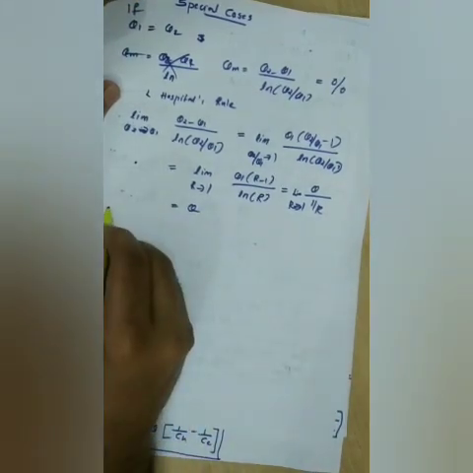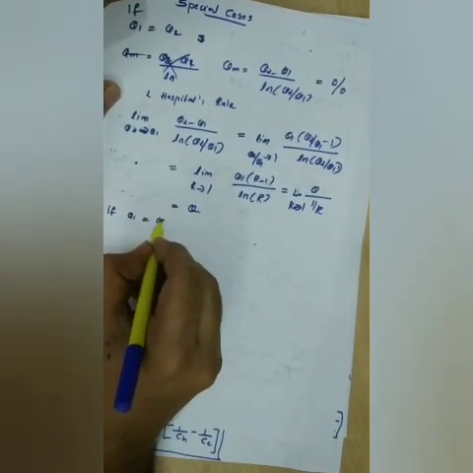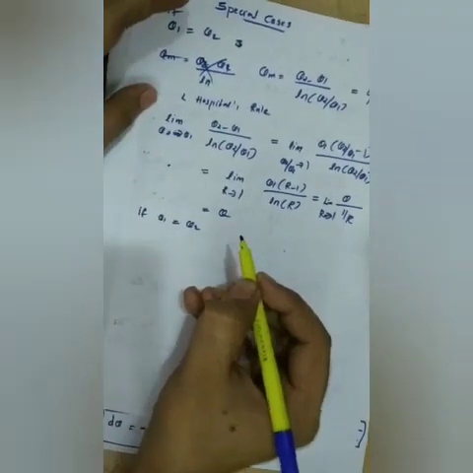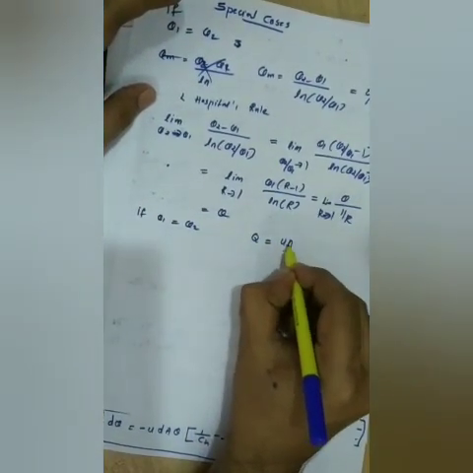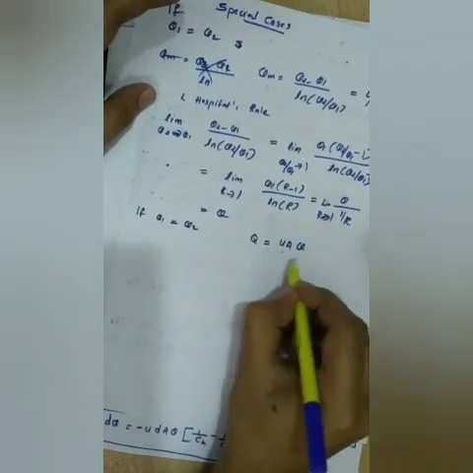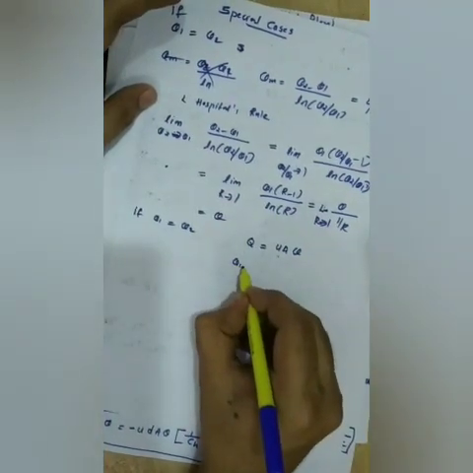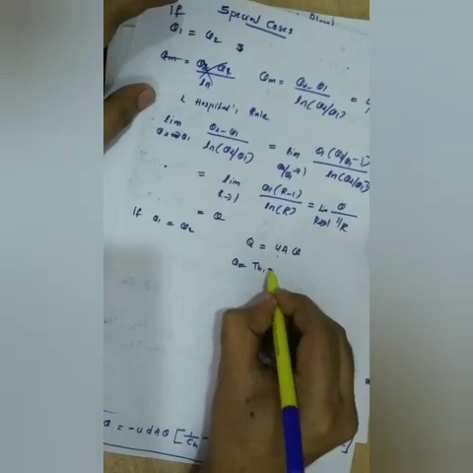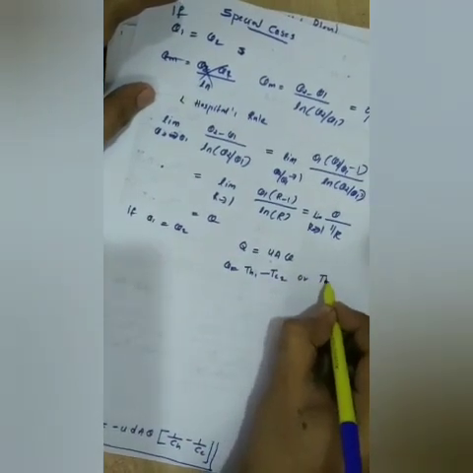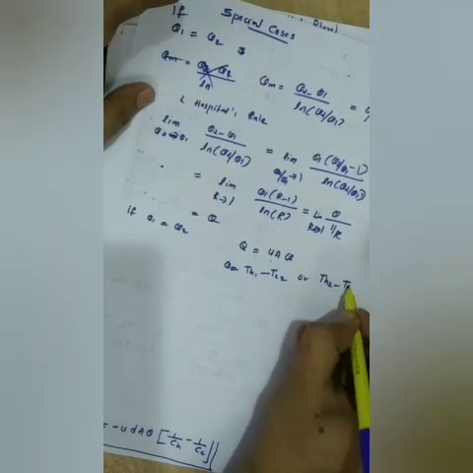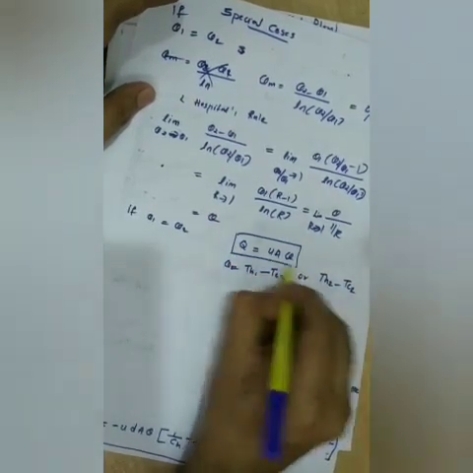So if theta 1 is equal to theta 2 for counterflow heat exchanger, the total heat transfer can be written as UA theta. So theta can be TH1 minus TC2 or TH2 minus TC1. So this is the equation.